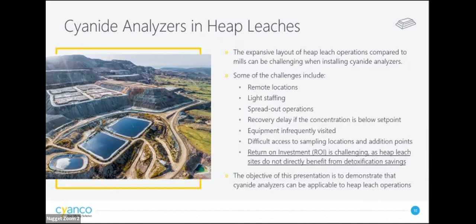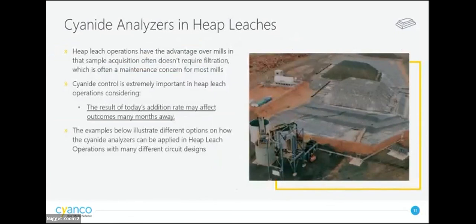Cyanide control is very important in heap leach operations because the result of today's rate may affect the outcome many months away. The example below illustrates different options on how cyanide analyzers can be applied in heap leach operations with many different circuit designs.